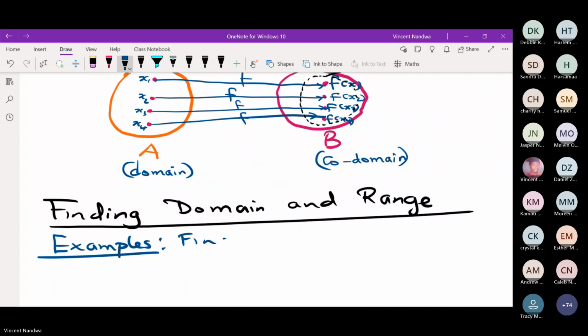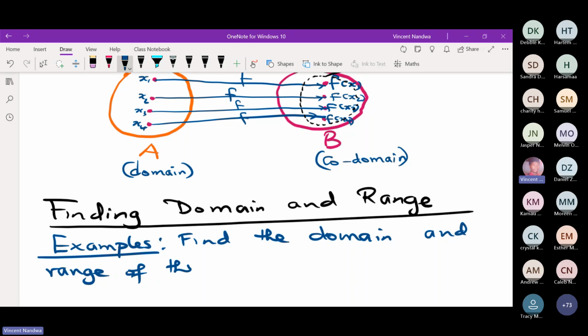Find the domain and range of the following functions.